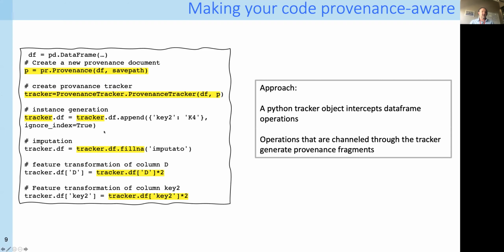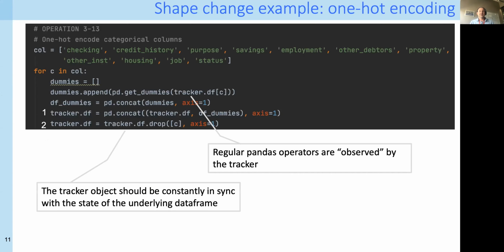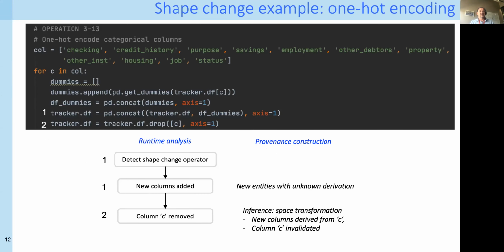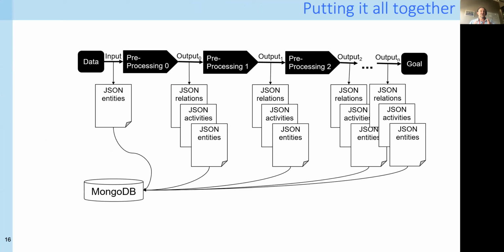If you do this systematically, for example for instance generator, imputation, and so on, then all of these operations become provenance aware. I don't have time to go into further details, but if each preprocessor is instrumented in this way, then at the end of an operator execution, we have a bunch of these provenance fragments.